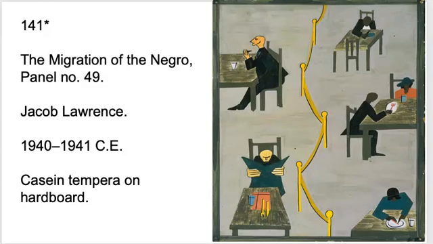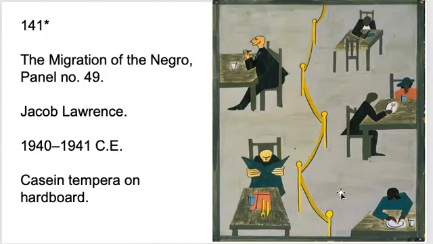But we do see these really flat, simple shapes. They're sort of hovering in this large, flat gray space. But he is creating depth by placement, by placing the different tables and people higher or lower on the picture plane.